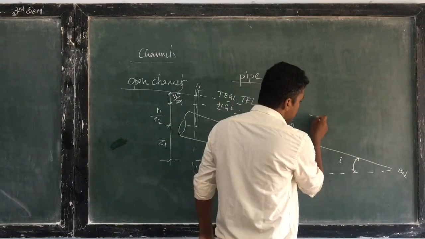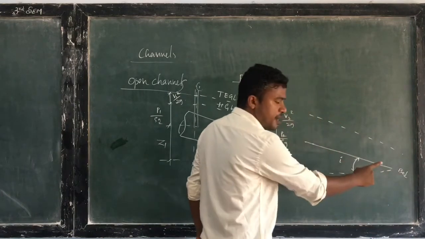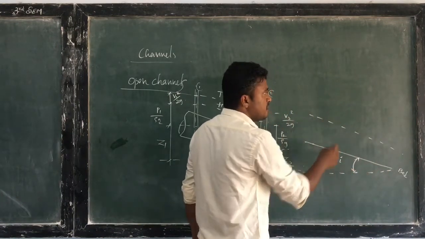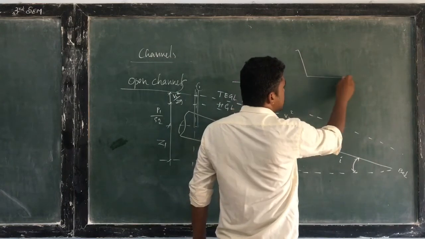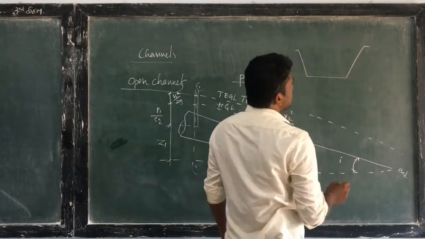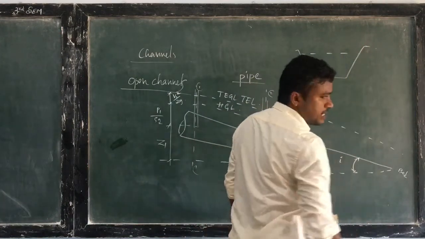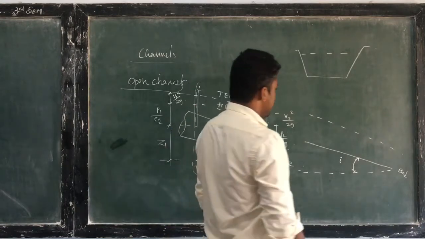If water is flowing over the bed, it's an open channel flow. If I draw this section, you can see it's a trapezoidal open channel. You can take a rectangular section, or a semicircle section.